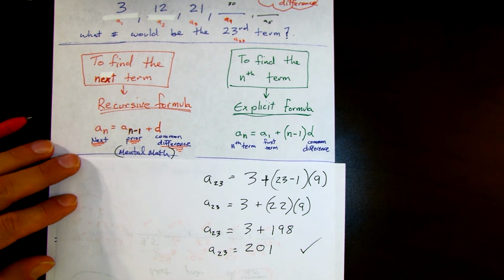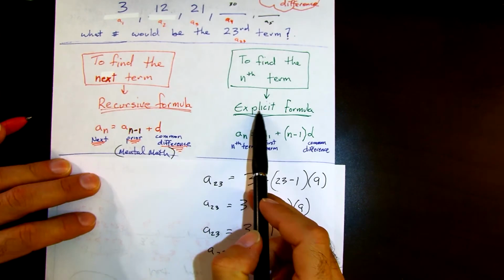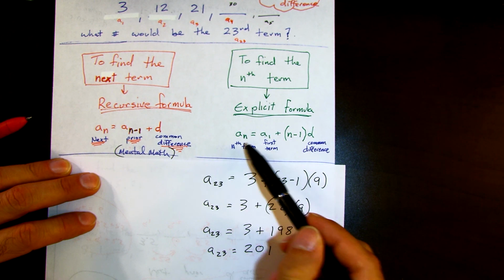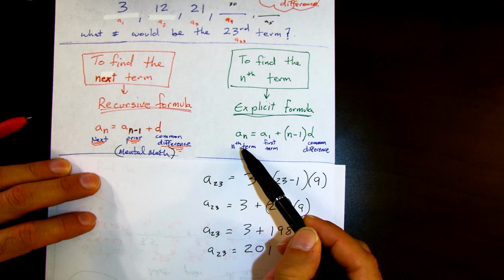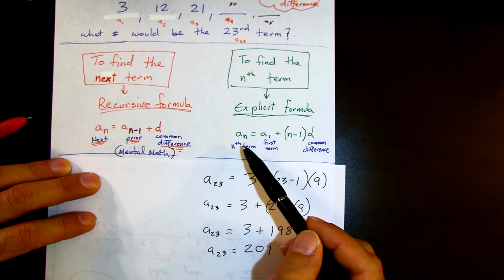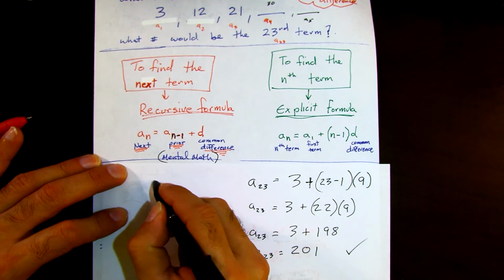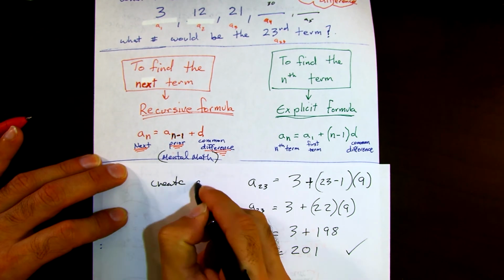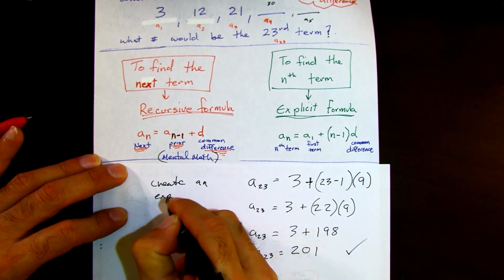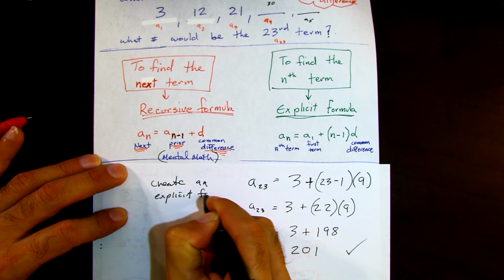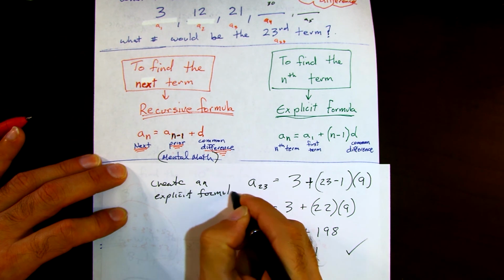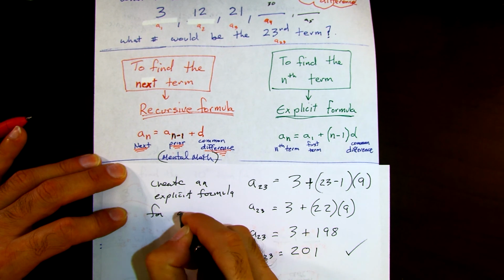All right. So this explicit formula is helpful to find the nth term. It's also possible, right now we're going to create an explicit formula for any term.